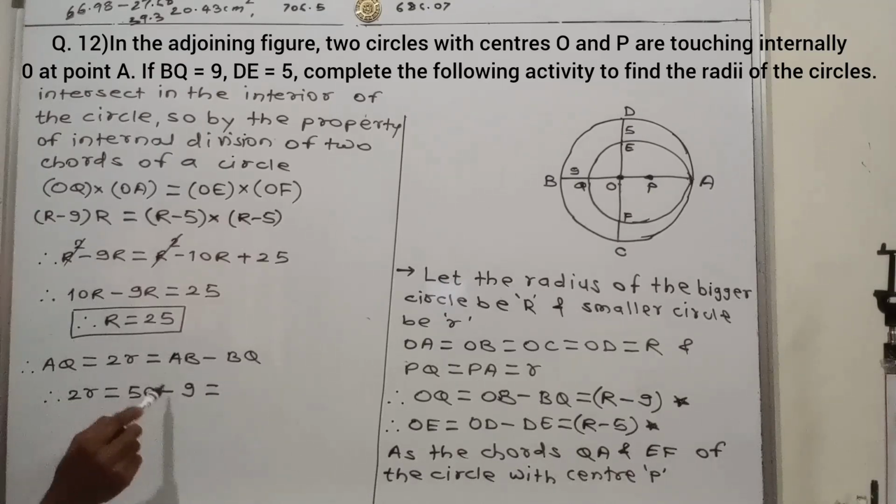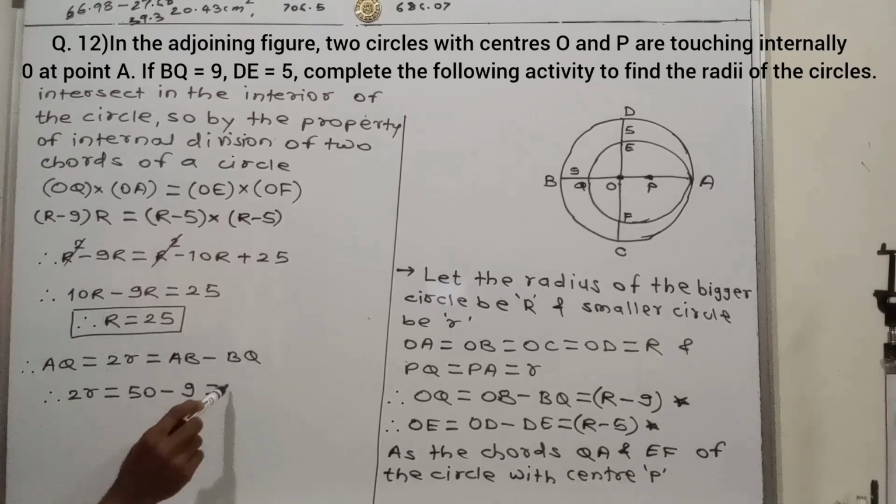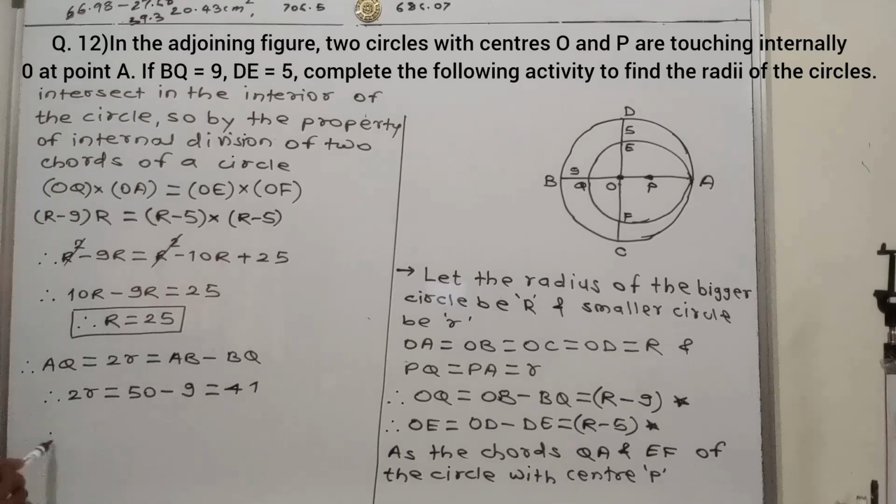Therefore 2r is equal to 50 minus 9 means what is 41. Therefore r is equal to 41 upon 2, 20.5. r is equal to 20.5. This is in units, we write units. Did you get it?